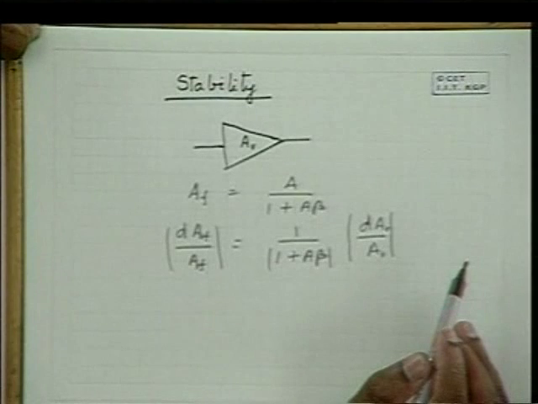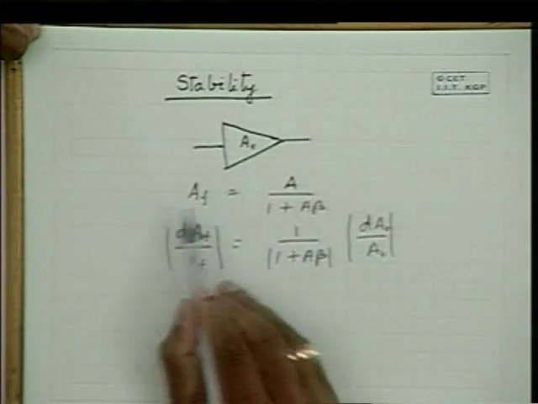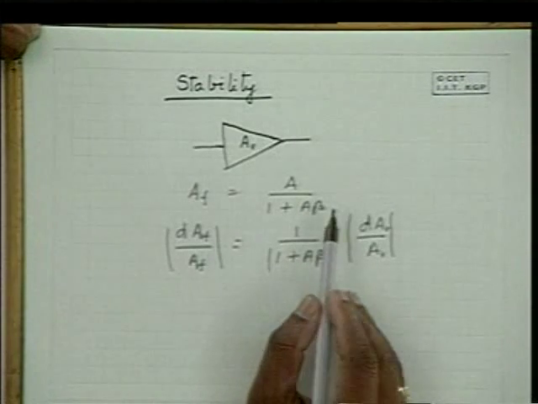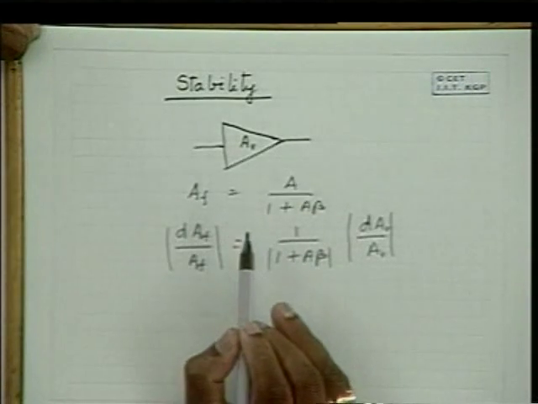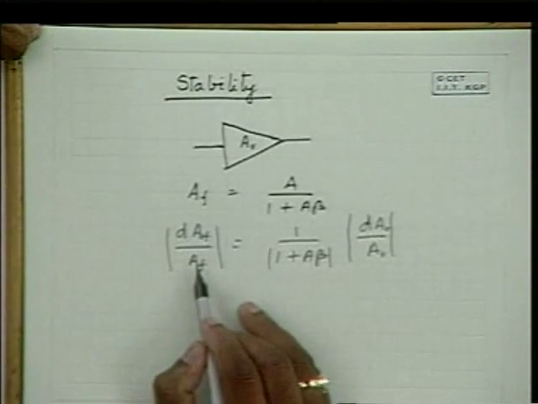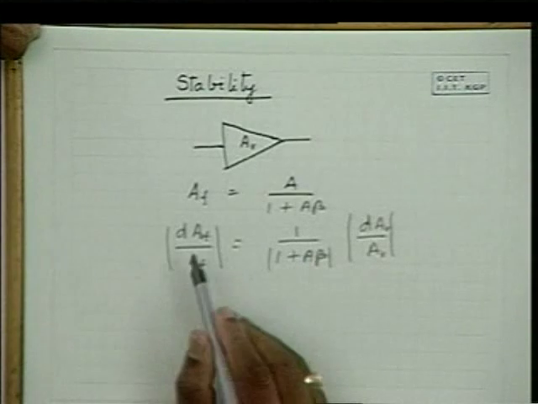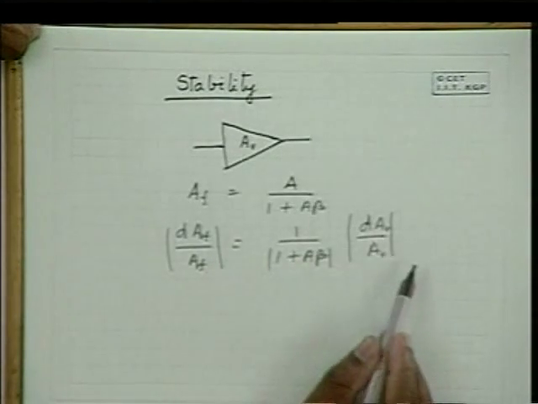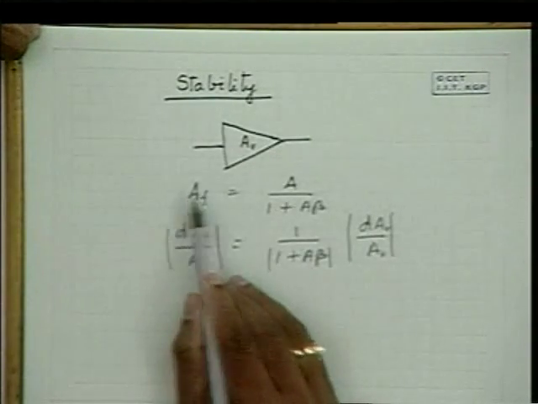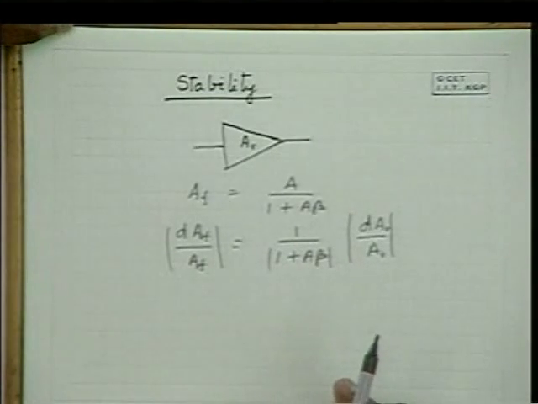How do you get it? Simply differentiate it with respect to A. So for a delta A, how much delta AF is caused can be determined in terms of percentage. To determine it in terms of percentage, you normalize it with AF, and so this is what you will get. This can be easily shown by differentiating this and then dividing it by AF.